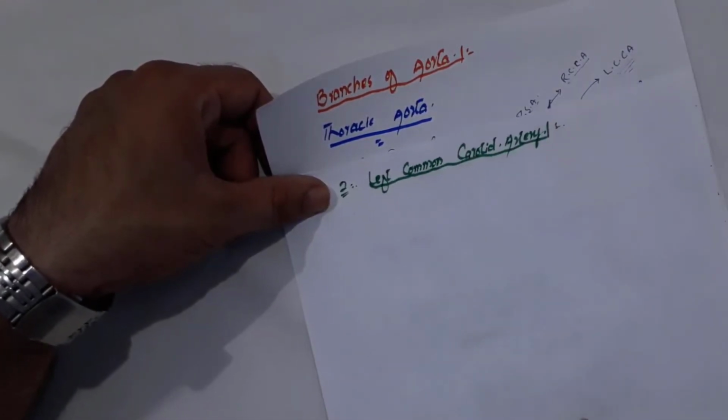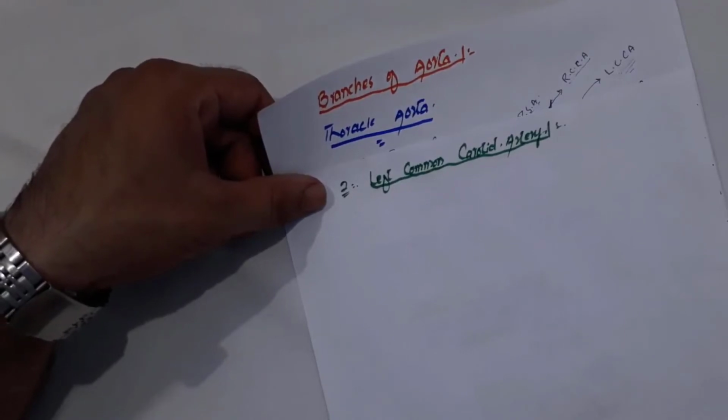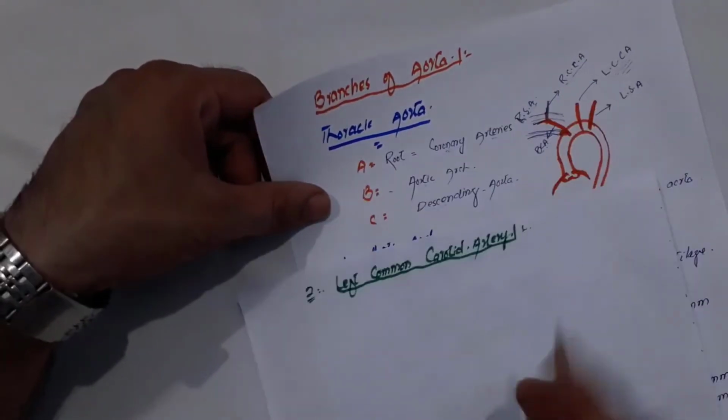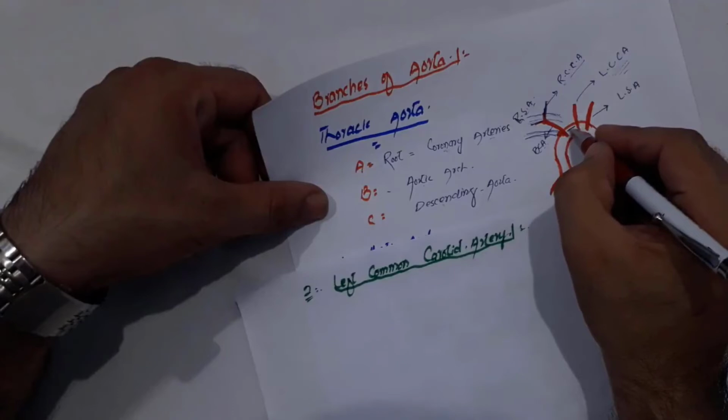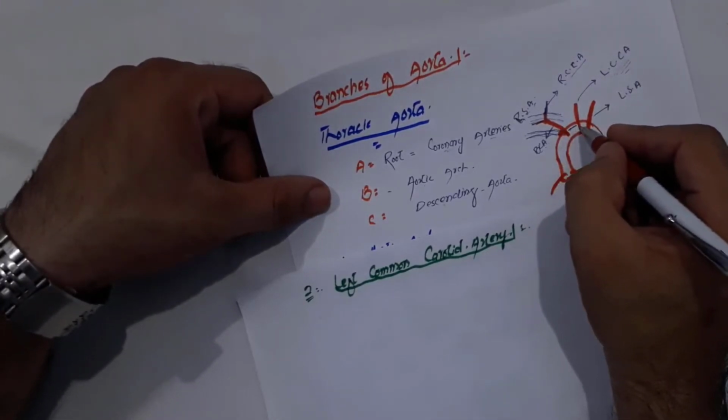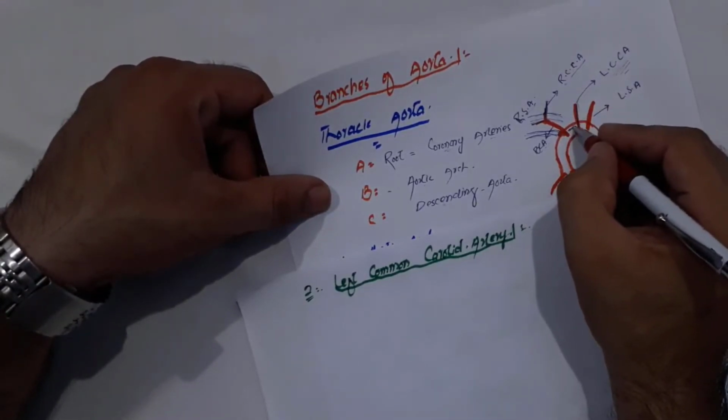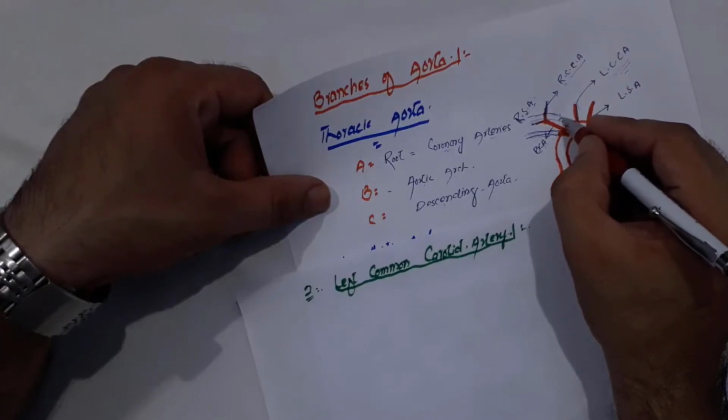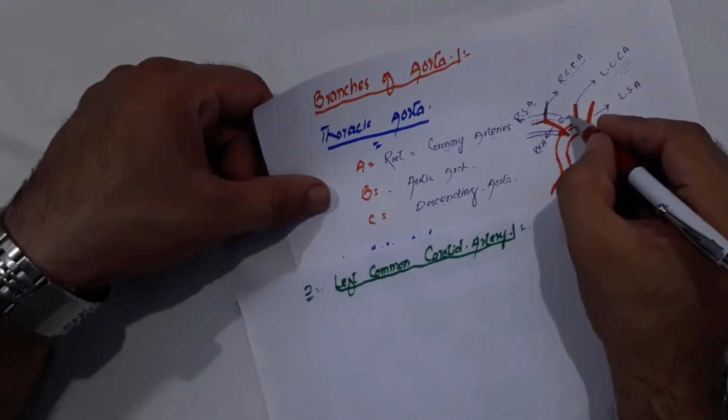The left common carotid artery arises at about the distance between these two arteries, the brachiocephalic artery and the left common carotid artery. The distance between them is about 12.1 millimeter, right?